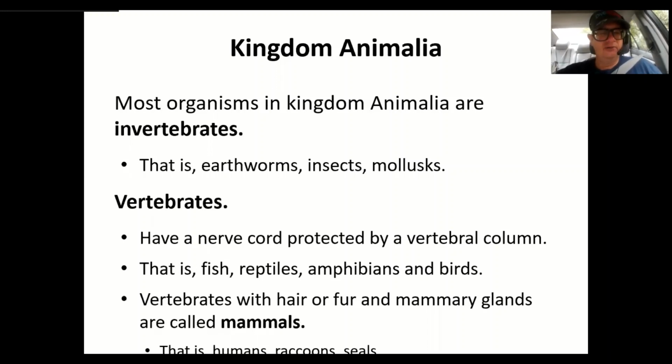All right, so I'll tell you right now, I said, did King Philip come over for ginger snaps, which is the domain, kingdom, phylum, class, order, family, genus, species, where it says vertebrates are fish, reptiles, amphibians, birds. Those are all in the phylum Chordata. So did King Philip, that's the phylum Chordata.